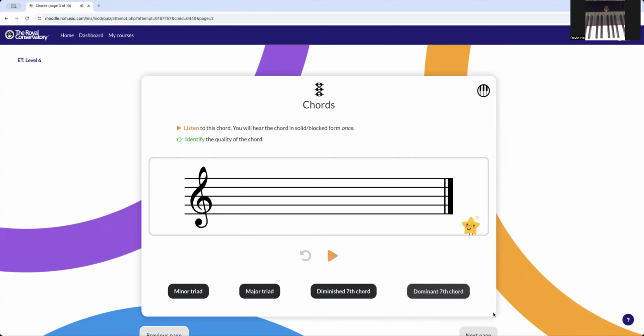Is it diminished or dominant? Of course, diminished, because the first 3 are minor, and then you don't need to consider the rest because it's the typical 4-note chord. Okay, it's diminished sevenths.